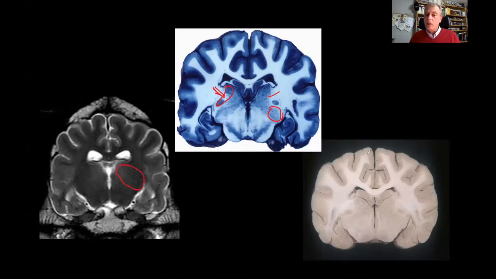Or in a fixed encephalon, you have it here: the lateral geniculate body and the medial geniculate body. Again, it is very easy to identify the hippocampal formation here and here as well. And the white matter that leaves the hippocampus forms the fornix and the commissure of the fornix.